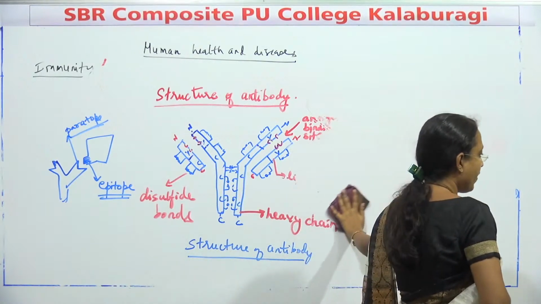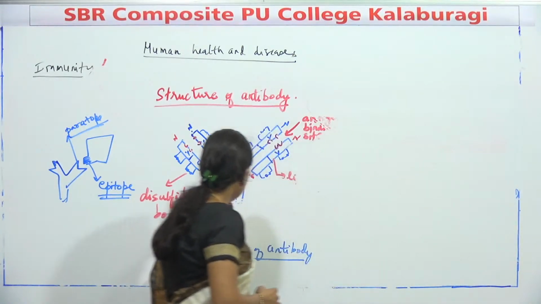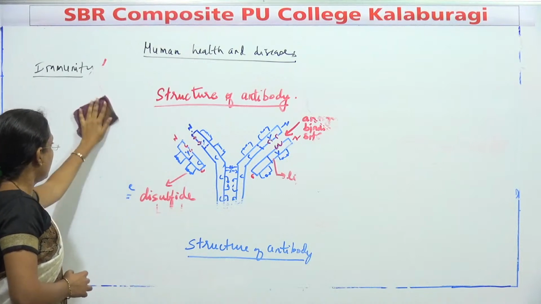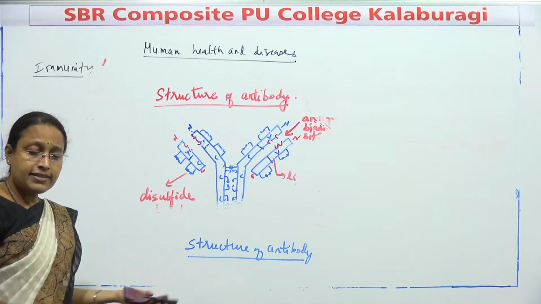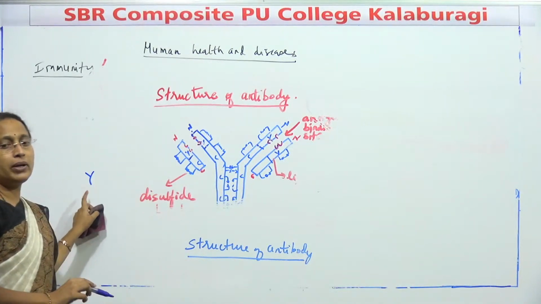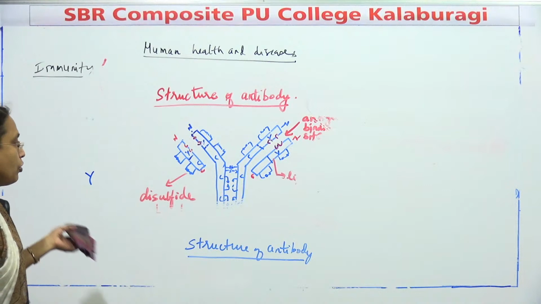The fundamental nature of antibodies is that they are proteins. Since the overall structure is Y-shaped, it is generally represented schematically as a Y-shaped molecule.